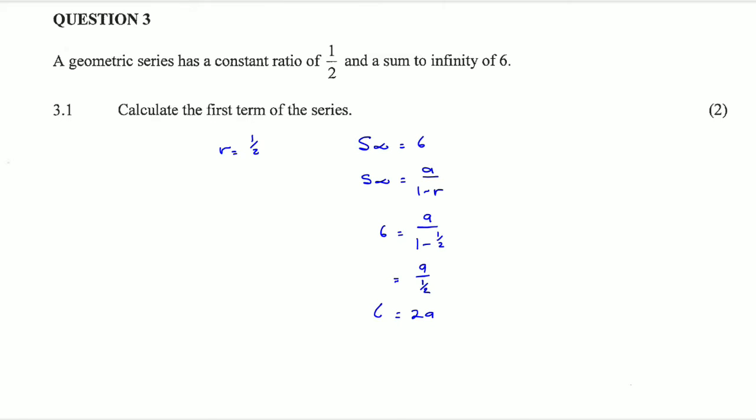So 6 is equal to 2a, and dividing both sides by 2, a is equal to 3. So the first term of the series is 3.